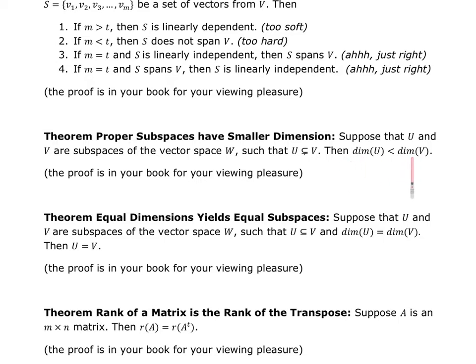If this has a dimension of 3, then this must have a dimension of 2. It cannot be equal because U is a proper subset.